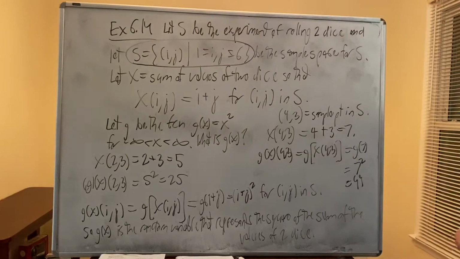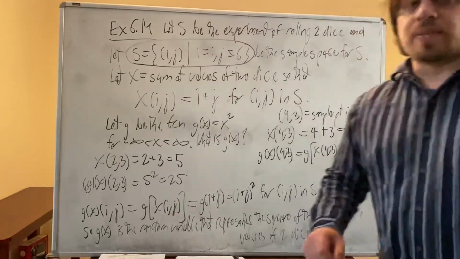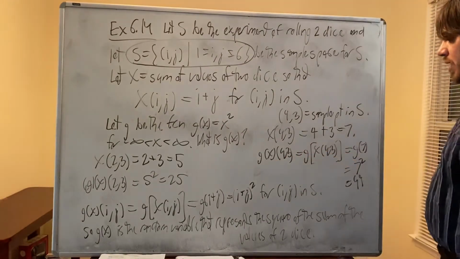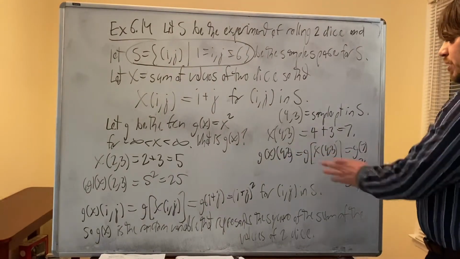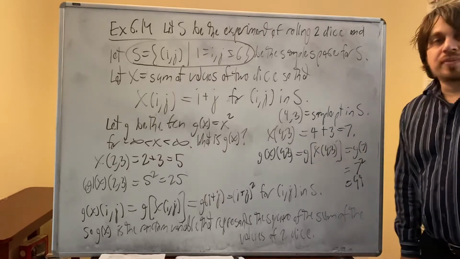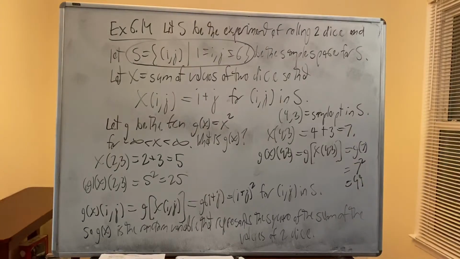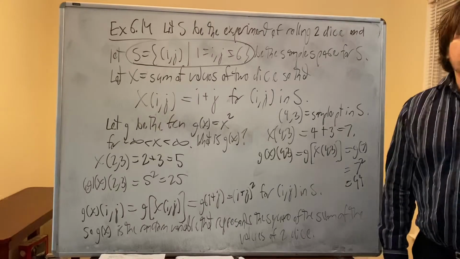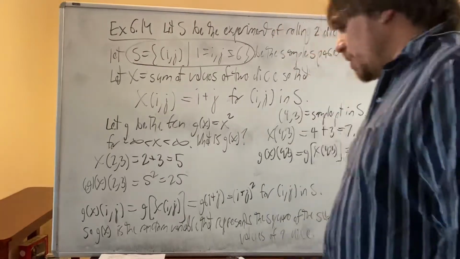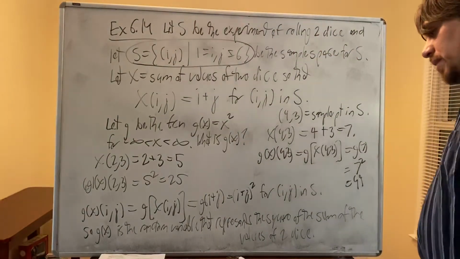And that's what we got here by applying the formula we wrote over there. X of 4 comma 3 is 7. G of 7 is squaring that number, 7 squared, which is 49. So that's a second example of computing what this random variable g does. Okay? It squares the sum of the values of the 2 dice. So that's example 6.14.